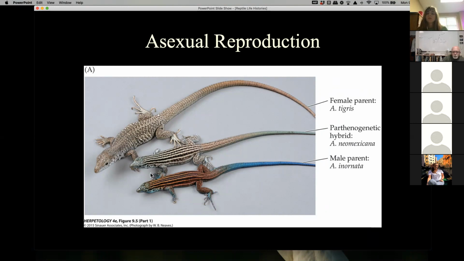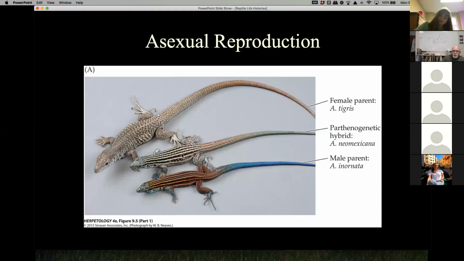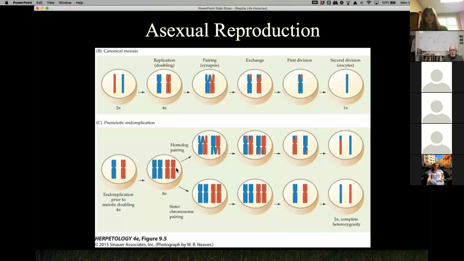And when these two species interbreed, they produce a hybrid parthenogenic form, Aspidoscelis neomexicana. And this species then represents its own evolutionary species because it is not capable of exchanging gametes with either of the parental species.